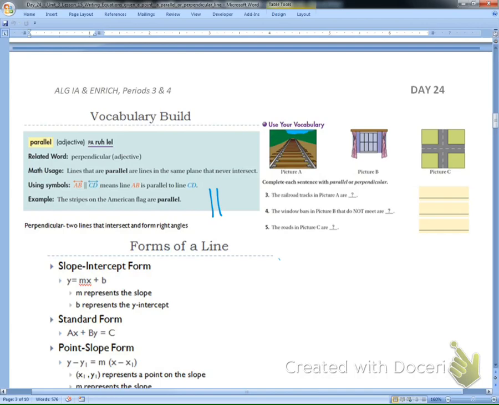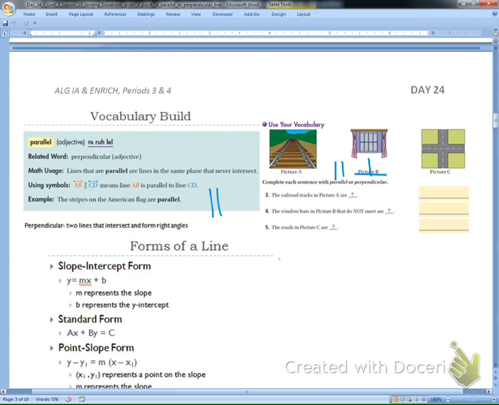So let's look in this picture here. For each image underneath, use your vocabulary. In the sentence that says, like, the railroad tracks in picture A are, you could write the words parallel or perpendicular, or you can use their symbols. As I showed you before, two vertical lines mean parallel. The symbol for perpendicular line is two lines that are actually perpendicular.